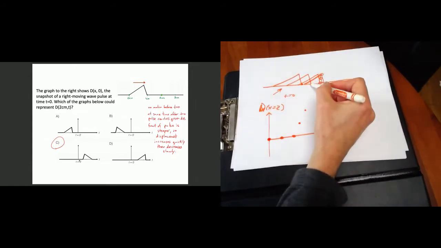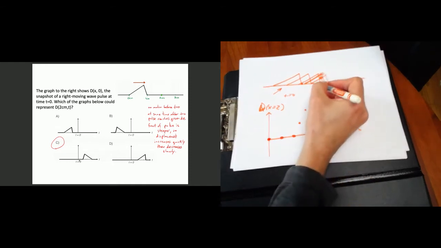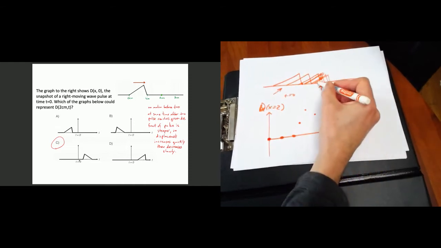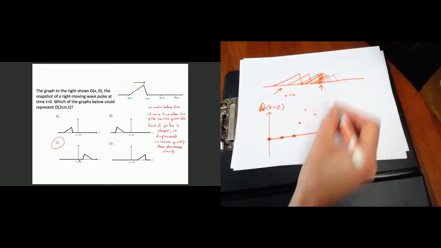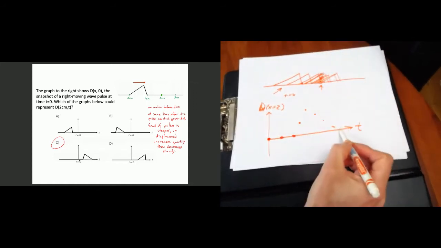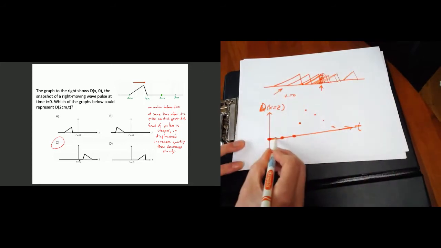And then again, it comes down. And it takes a little longer for it to come down than it did on the way up. And then I'll plot that one. And so at some point we've reached the end, and then all the times after that I get 0 again. And so then I get this graph.